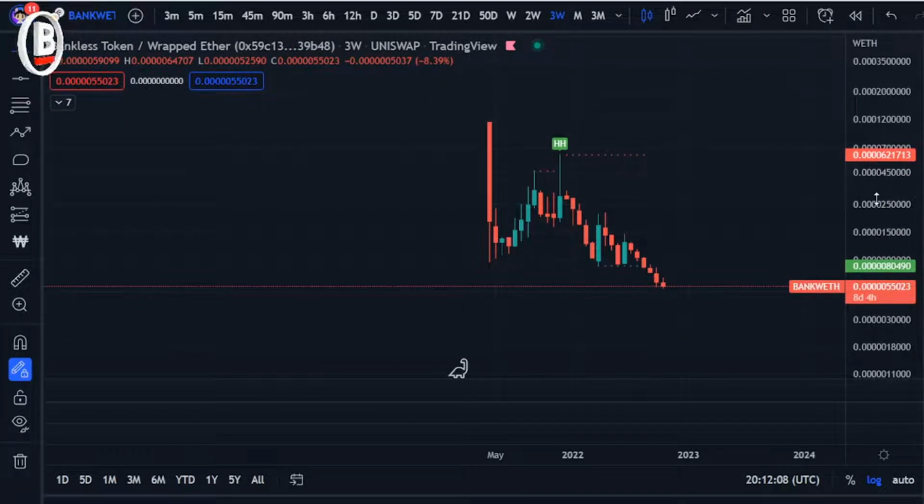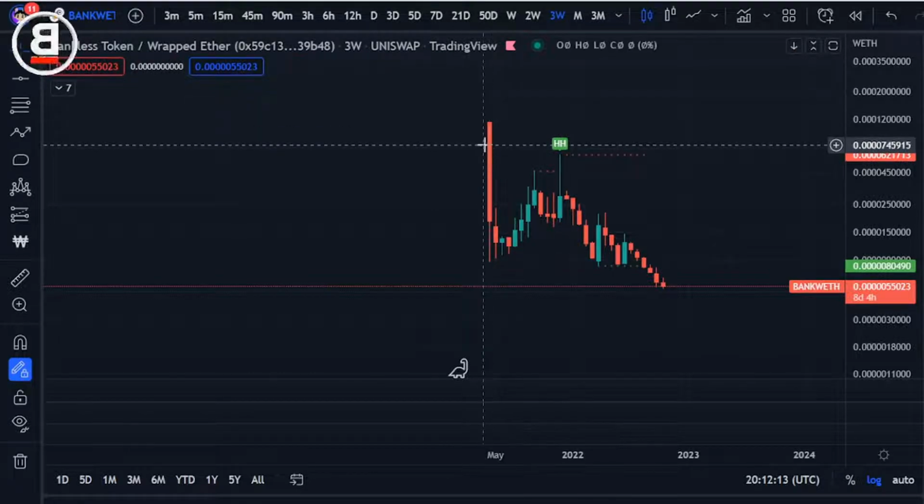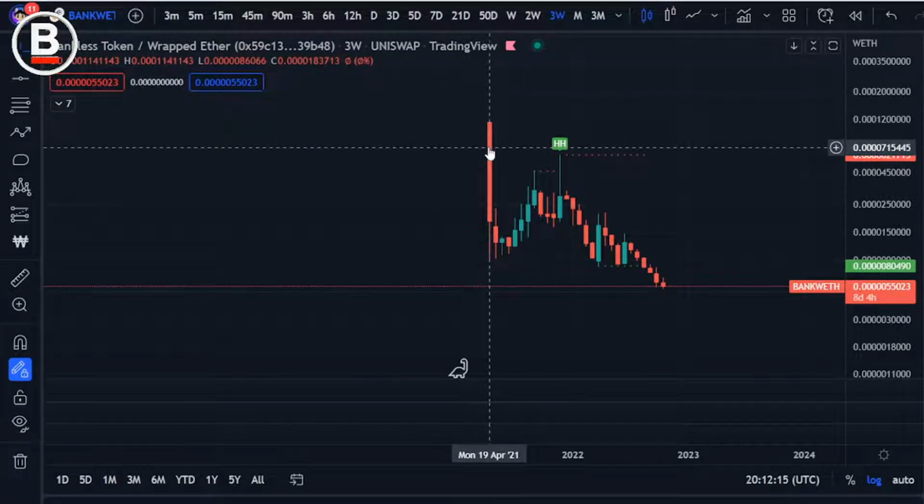When tokens first launch, really any token or asset, you need at minimum 3 to 10 years' worth of history to even start being able to call it reliable data.